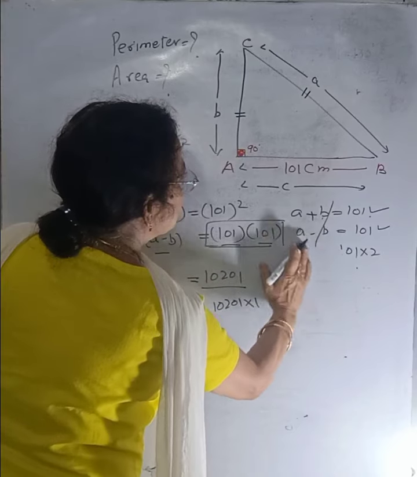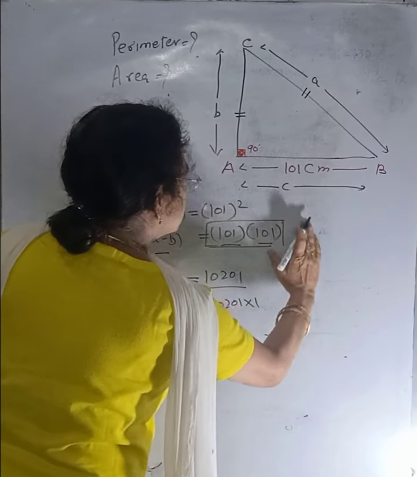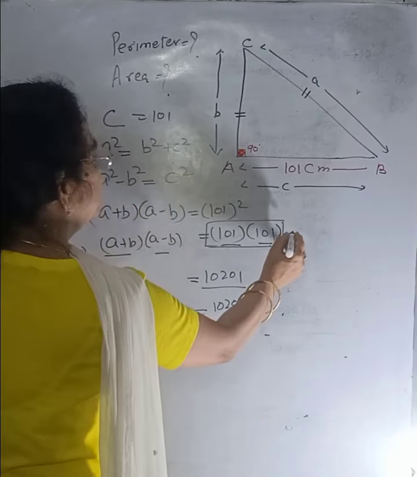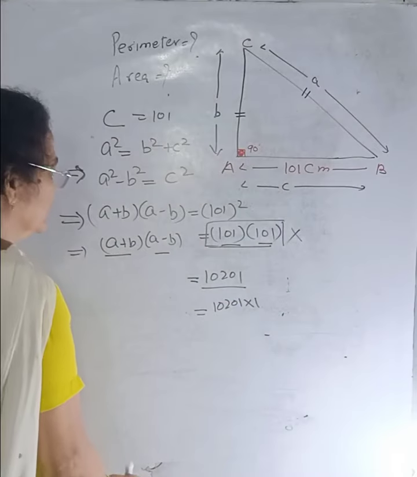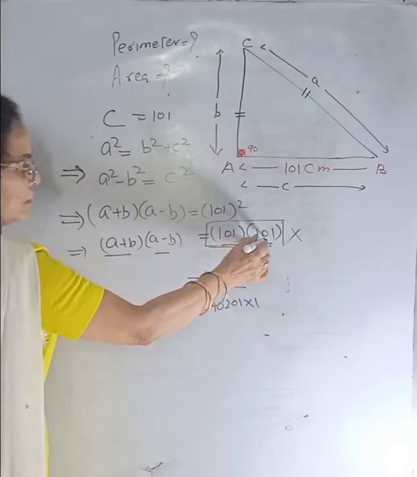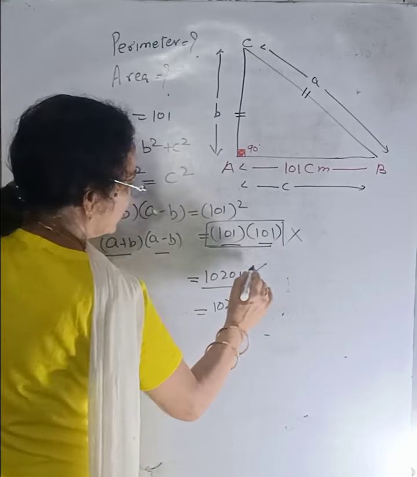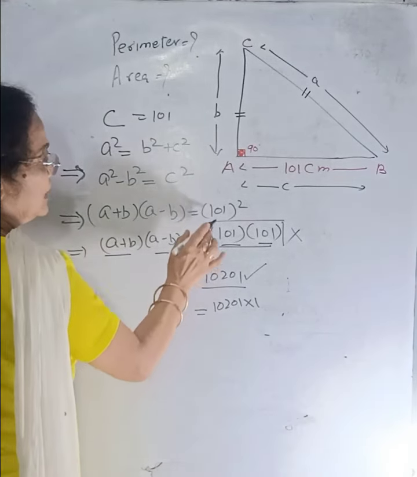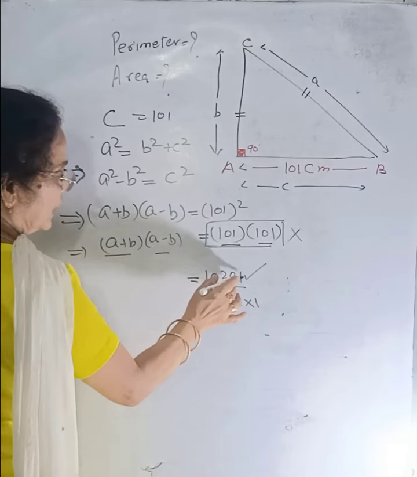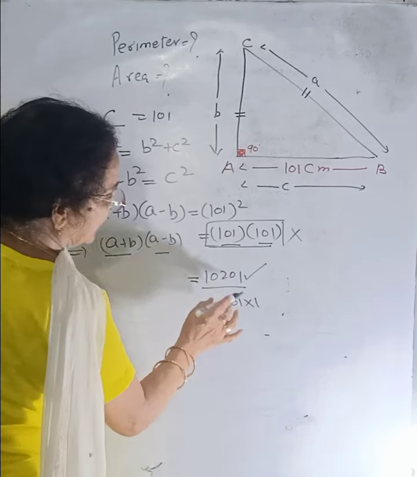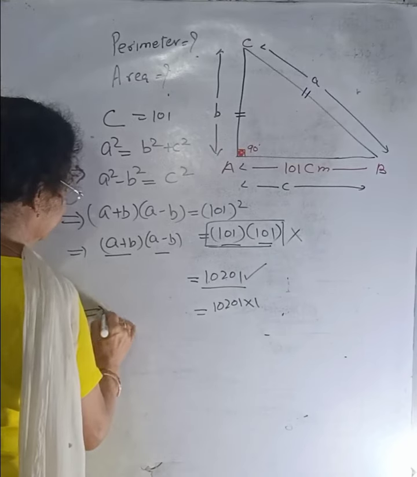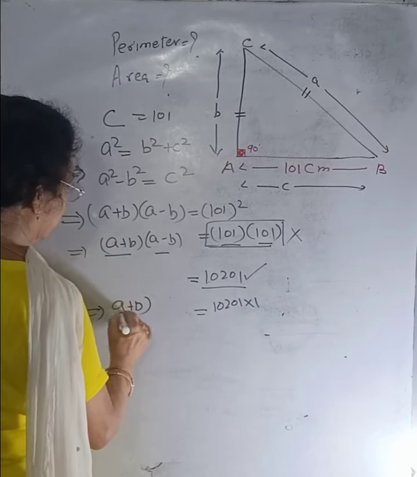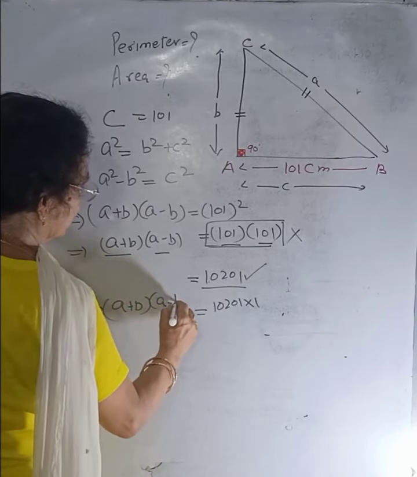Now, this is not possible. Now we are going to have the product of this square of 101. इसका स्क्वायर किया तो 10,201 आता है. इसको लिख सकते हैं 10,201 into 1. इस केस में ये भी किसके बराबर है? A plus B into A minus B. This is also equal to each other.